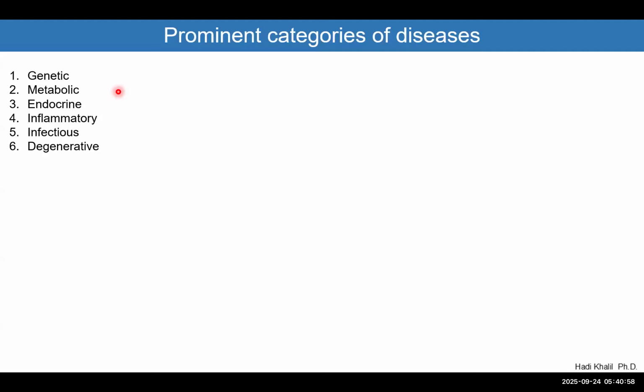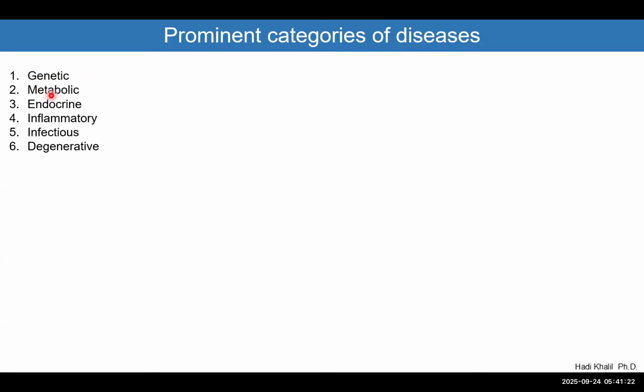Okay. So as I said, we are going to cover in this class 6 different categories of diseases. Today is going to be the genetic diseases. The next one will be the metabolic diseases. And as we go through the list, we will always prepare an introduction about the type of the disease.